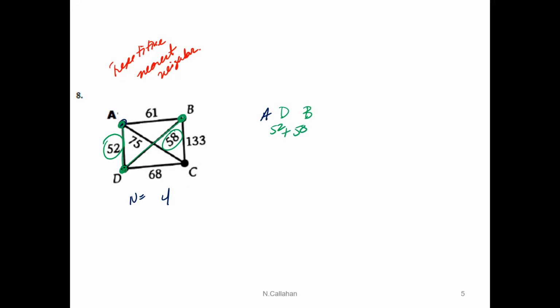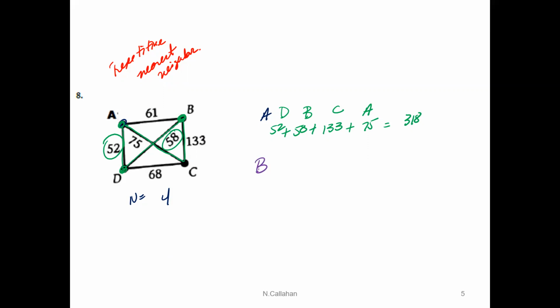And then from B, I need to go down to C, which is 133. And then from that, I go back to A, which is 75. So then I'm going to add everything together, which is 52 plus 58 plus 133 plus 75. And that gives me 318.